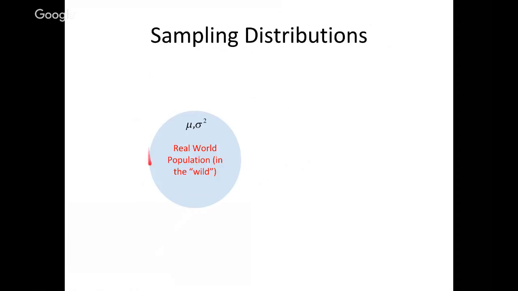To come back to the total coliform example, we might think of the total coliform concentrations in the shoreline waters at Huntington Beach as a wild population that we want to learn something about, because we're interested in human health risks.